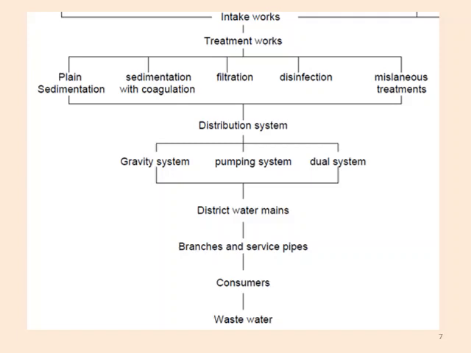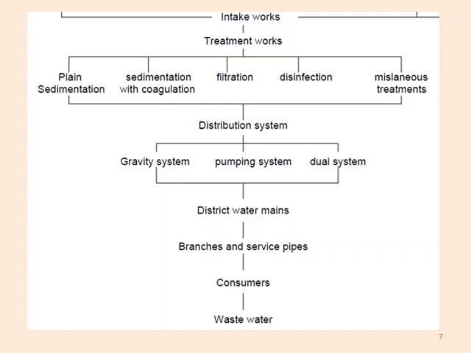Further, after collecting with the help of intake structures, we have to treat or purify the water because raw water we cannot use. So there are several types of treatment processes like sedimentation, coagulation, filtration, disinfection, and miscellaneous treatments.